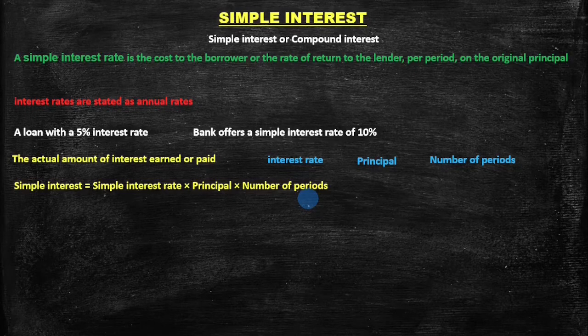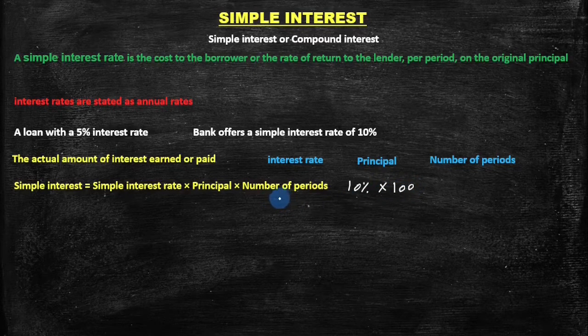Let's say you put your money in a bank account and the bank offers you, let's say, a 10% interest rate. So the simple interest rate would be 10%. So for every $100 that you put in the bank account, your principal, let's say it's $100.